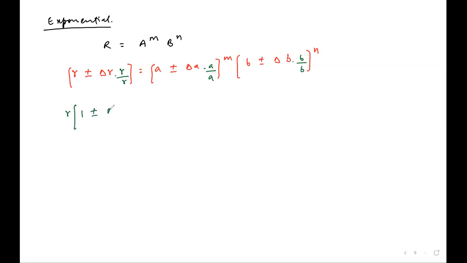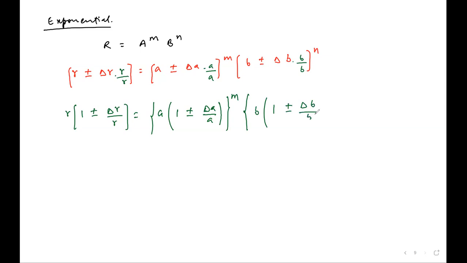So it will be 1 plus minus delta R by R. If we take out common A, it will be 1 plus minus delta A by A, whole raised to M. Similarly, if we take out B, it will be 1 plus minus delta B by B, whole raised to power N. So this power will multiply with this part as well as this part.